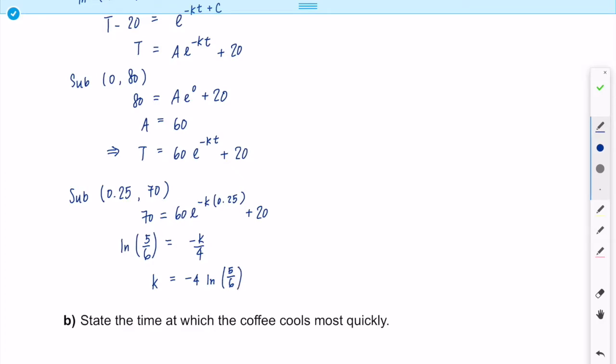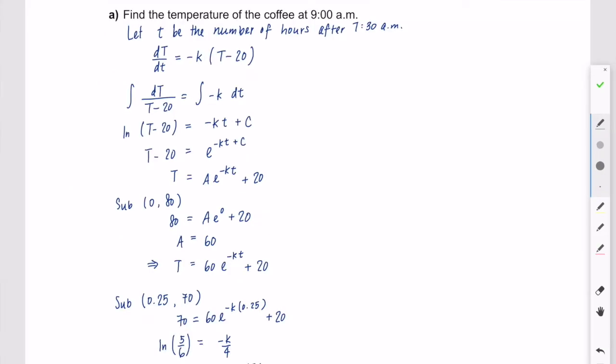So now we have found the values of both k and A. Let's swing it to the side here and write out our function T, which is equal to 60 e to the power of negative k, so 4 ln 5 over 6, t, let's put t here, plus 20. And we can answer the question at 9 a.m.